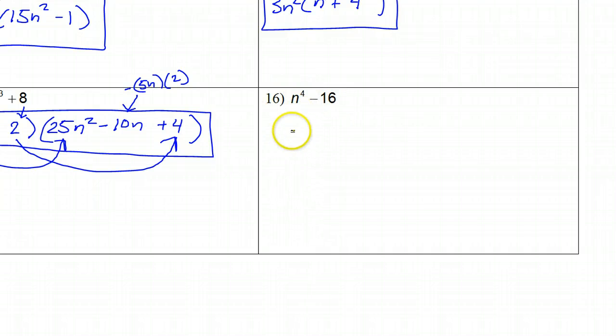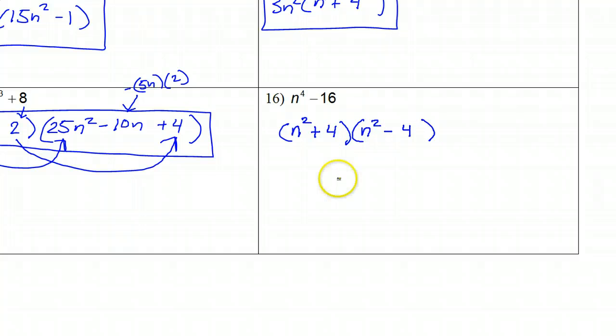We'll split this evenly, so n to the 4th power would be n squared times n squared. And so 16 is 4 times 4, so n squared plus 4 and n squared minus 4.